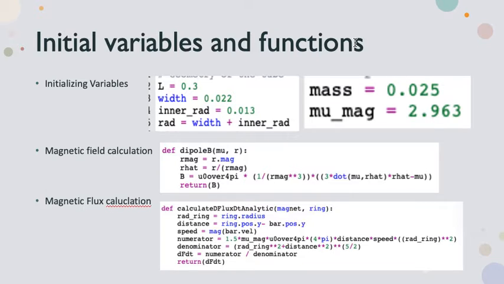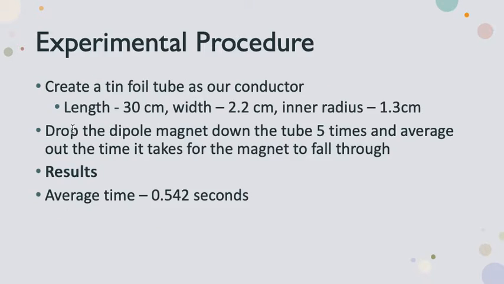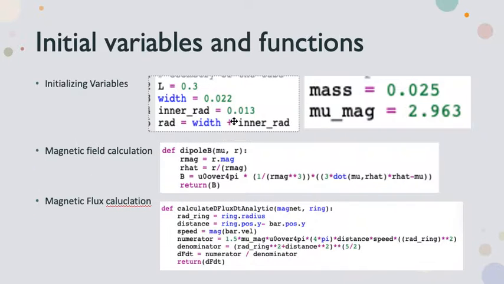The first part of the coding experiment we had to do on GlowScript was to initialize the variables. We initialized the length and dimensions of the tube that we found here, the mass of the magnet, and the magnetic dipole moment, which we found in our last lab to be 2.963.